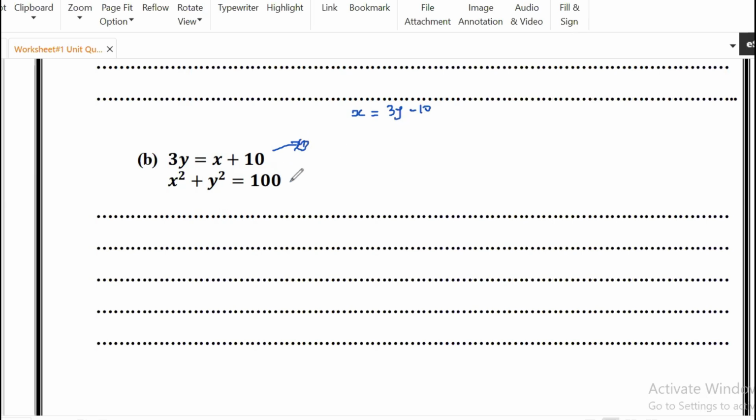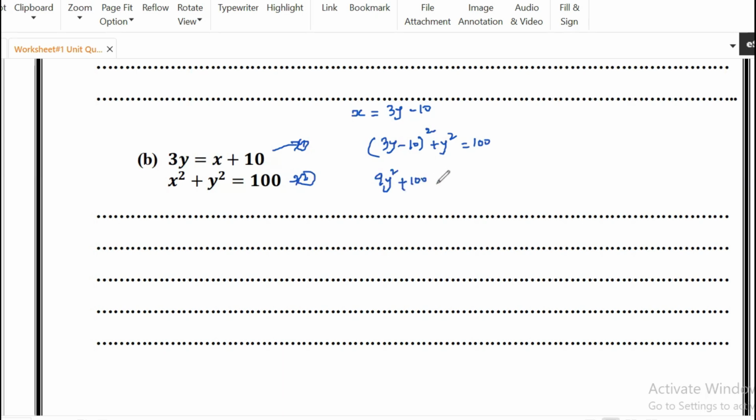If this is 1, this is 2, so 2 becomes 3y minus 10 whole squared plus y square is equal to 100. Now the whole equation will be in the form of y, and then we will try to make it a quadratic form.